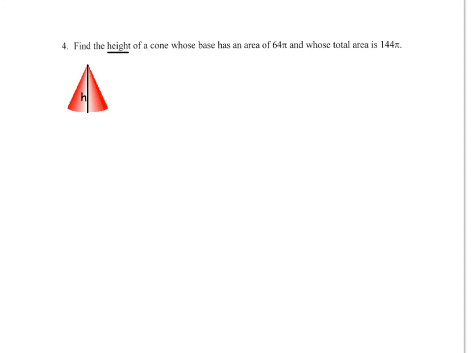Find the height of a cone whose base has an area of 64 pi and whose total surface area is 144 pi. So I know that my total surface area is equal to the area of the base plus the lateral surface area, which is pi r L, my slant height. So what I'm going to do now is just input my values. My total surface area is 144 pi. The area of my base is 64 pi.